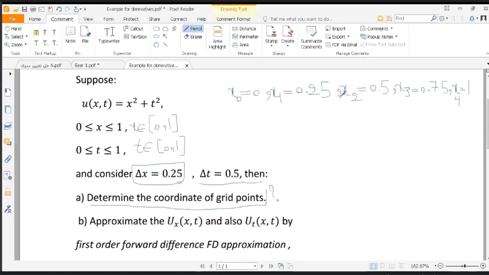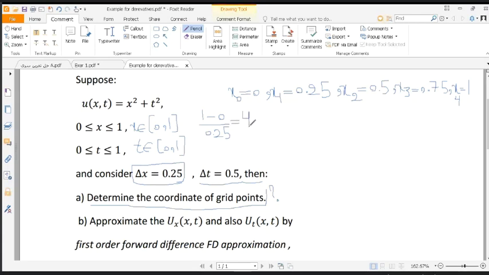Because the distance from 0 to 1 is 1. And 1 minus 0 over delta x, which is 0.25, is 4. Okay, 4 is the last index, x4.